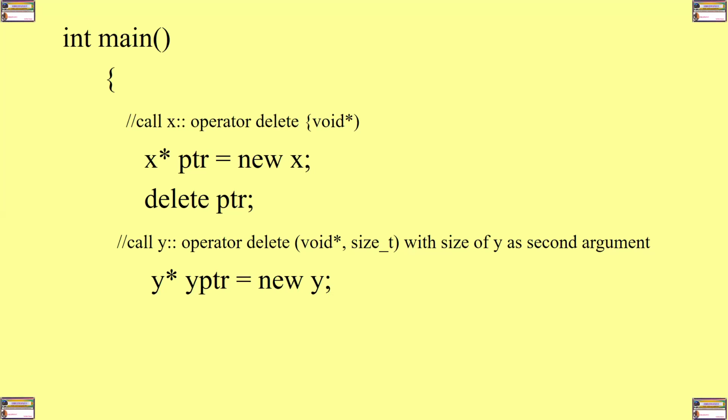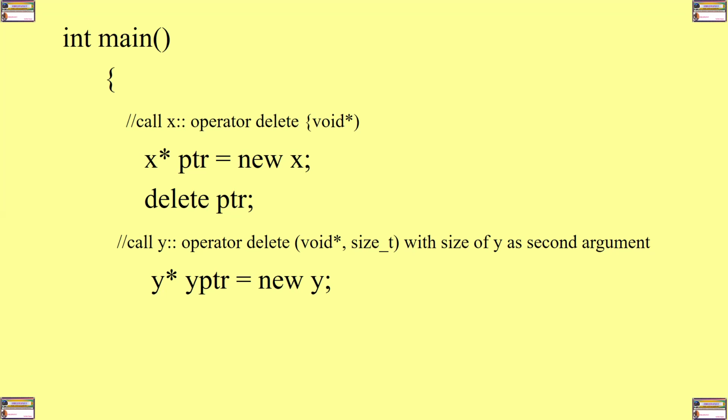The second one, we are also creating a new free store called Y. And then we are also declaring a pointer, which I'm calling Y pointer.